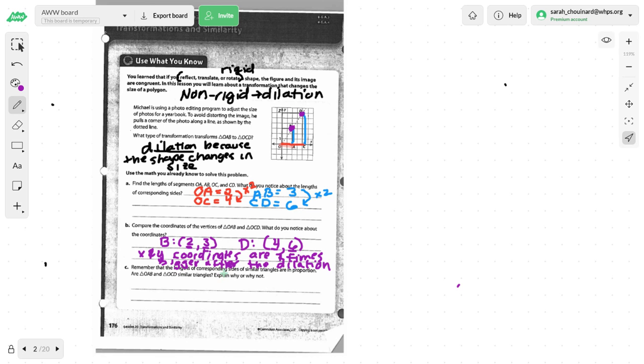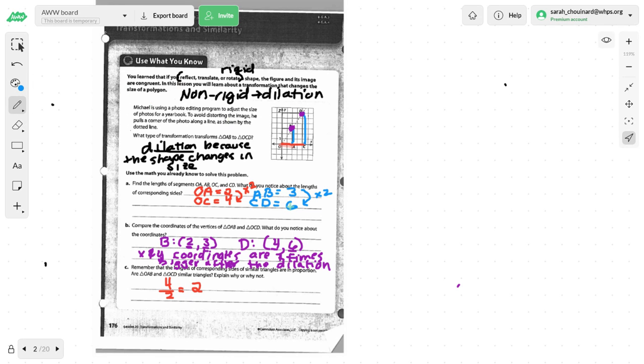So lengths of corresponding sides of similar triangles are in proportion. So are OAB and OCD considered similar triangles? So what we need to do is we need to find the proportion. Now, proportion means the fraction or the ratio. So let's find the proportion of OC and OA. OC over OA, 4 over 2 is 2.